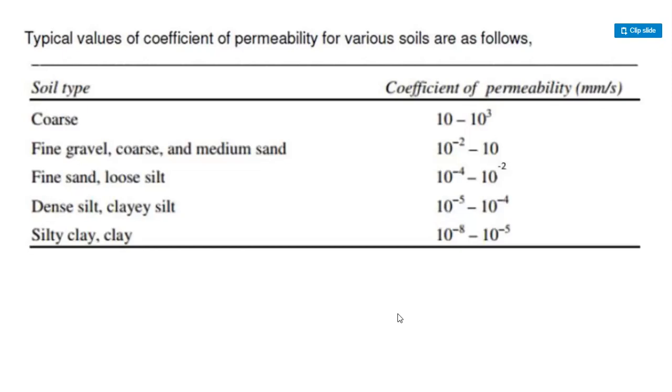Fine sand, loose silt: 10 power minus 4 to 10 power minus 2. Dense silt, clayey silt: 10 power minus 5 to 10 power minus 4. Silty clay or clay: 10 power minus 8 to 10 power minus 5.